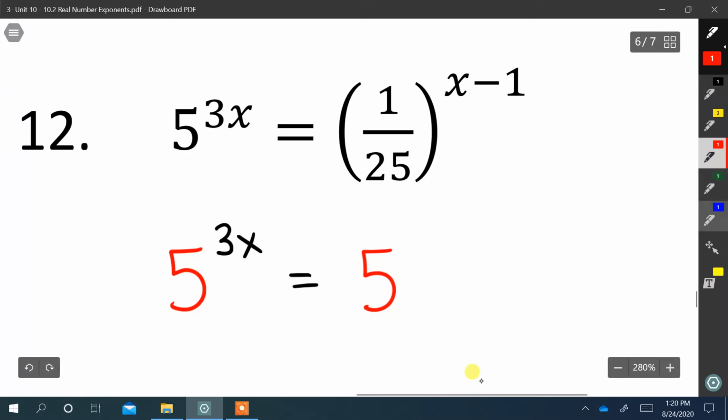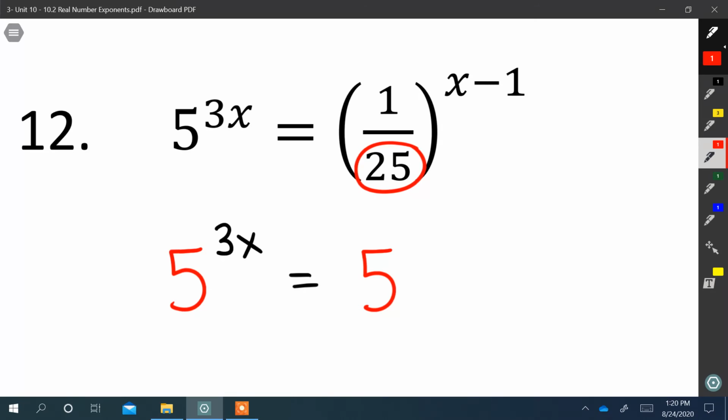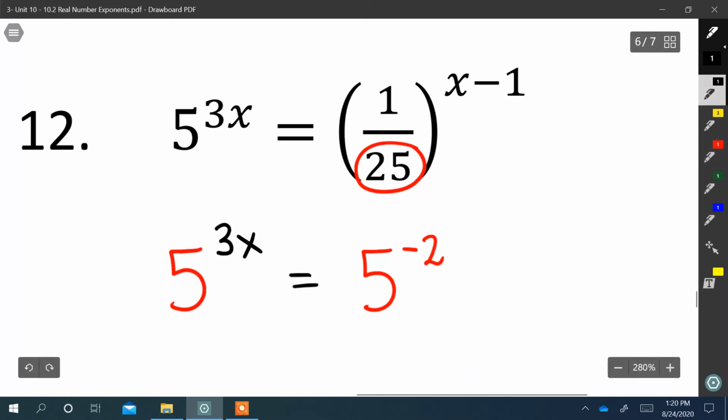Now 25, to get this right here, first of all you have to realize that 5 squared is 25, but since the 25 is on the bottom and I want to bring it to the top, I need to make this a -2. Okay, because the 25 is on the bottom.